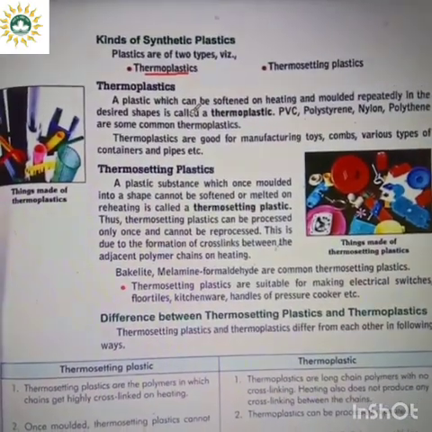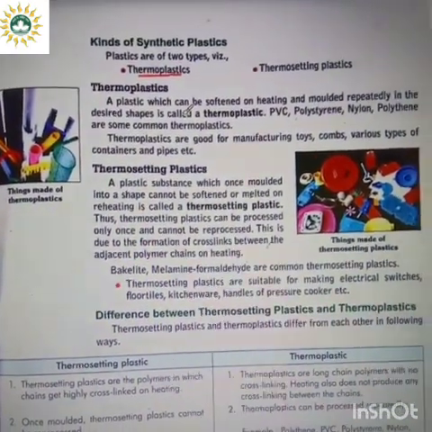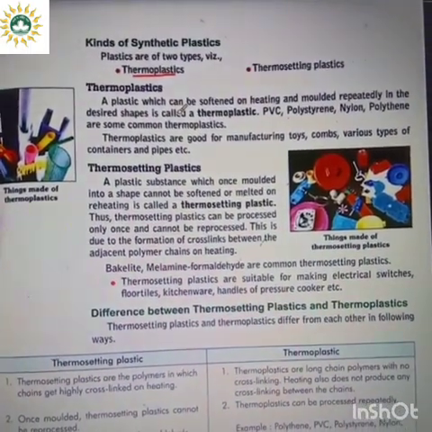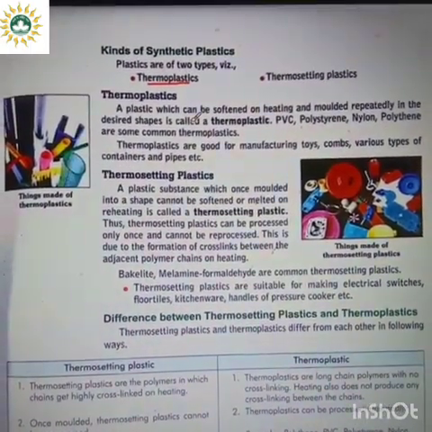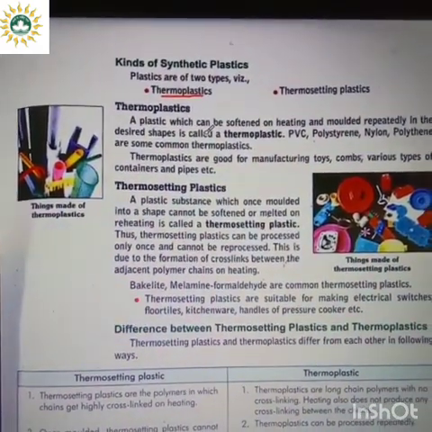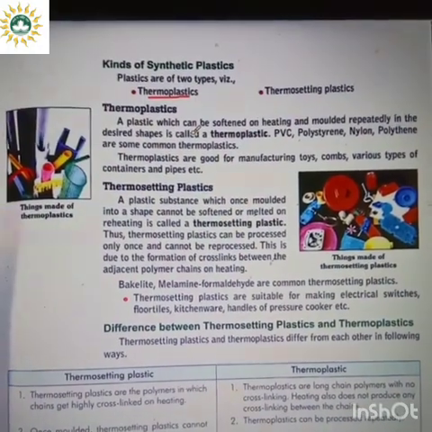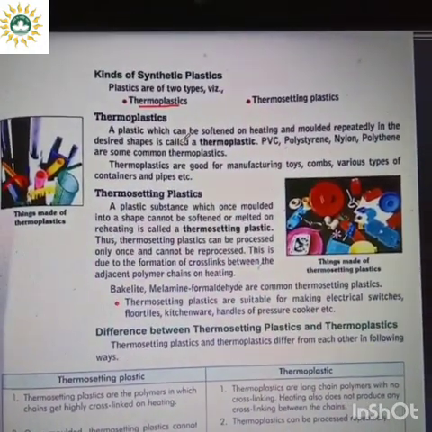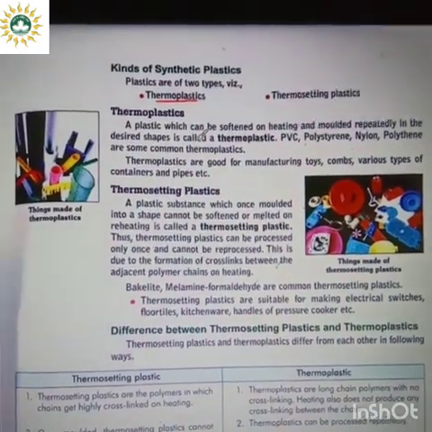You must have seen toys, combs, various types of containers and pipes, which when heated can get softened and can be molded, that is, can be set repeatedly in a desired shape. We can change the shape of those materials by heating.